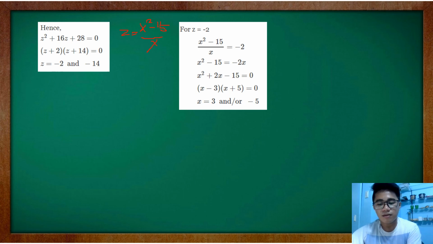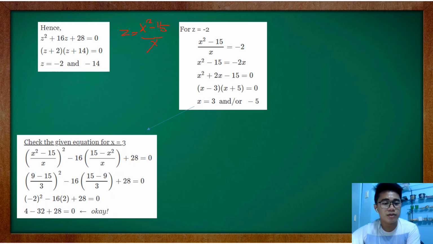But then, saan ba sa dalawa ang totoo? So, let's check, let's verify 3. So, ito na yung mga nakuha nating value considering yung negative 2 na z. So, if we use 3, we substitute it to the very original equation, the main equation. Kasi z, ito na-solve natin to in terms of z.